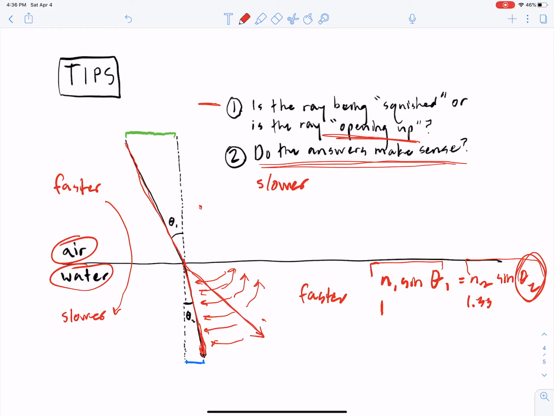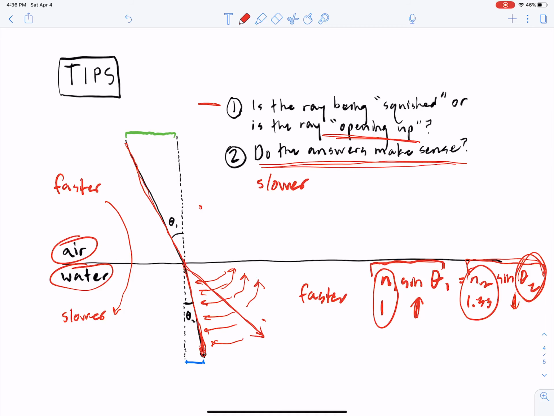If both of these sides have to be equal, you can ask yourself, well, if my N1 here is 1, it's smaller, and my N2 is a little bit bigger, that means that this sine theta 1 has to be a little bit bigger, and this sine theta 2 is a little bit smaller.